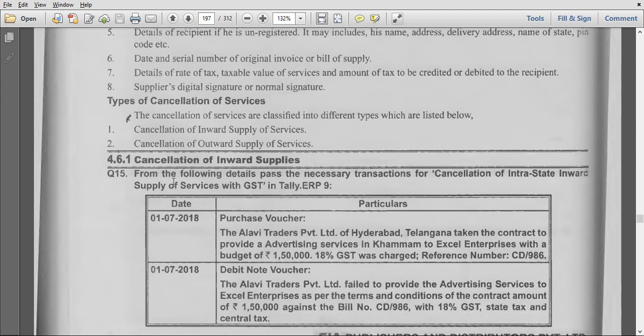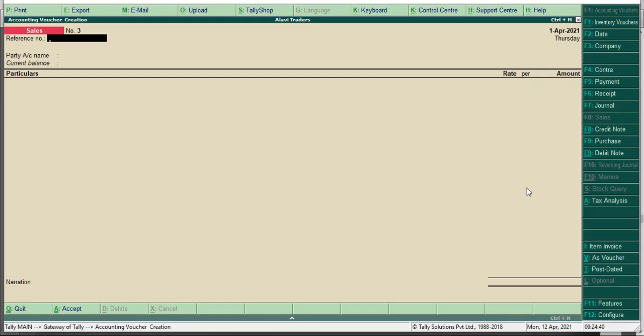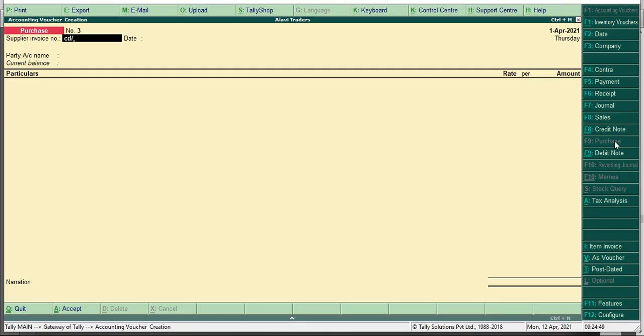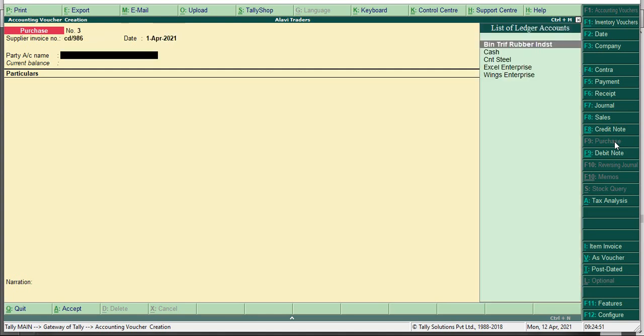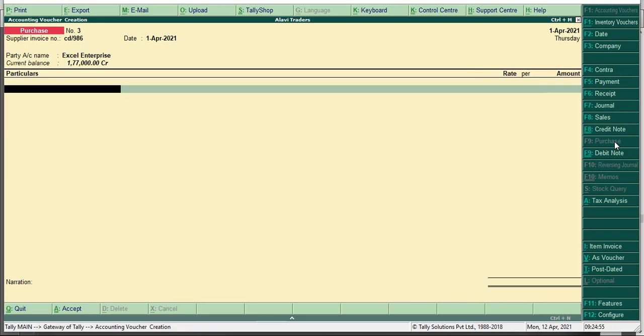So here, Alavi Traders Telangana has taken a contract to provide advertising services to Excel Enterprise with a budget of 1,50,000 and 18% GST. This is the reference number. First we'll go with the purchase voucher, and the reference number is CD by 986 from Excel. What are the services?